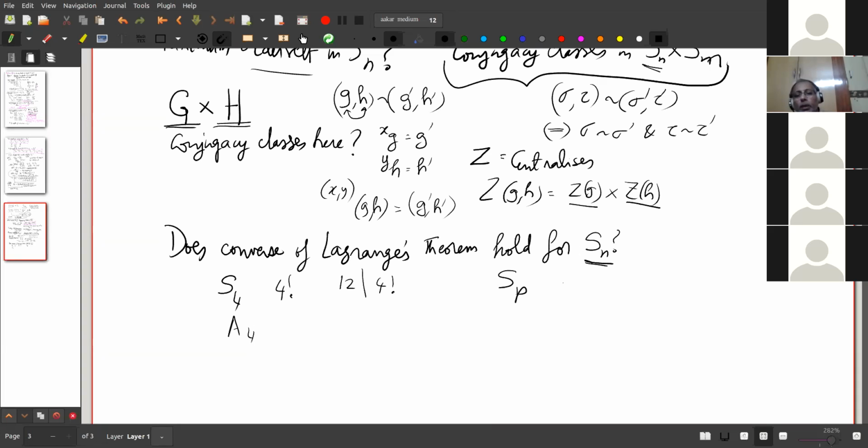Suppose I take M a divisor of p factorial; we have to find a subgroup of order M. Suppose M equals the product of two numbers A and B, anything. Are you claiming that, or just checking that case? I am taking this case. Okay, you're taking that case.